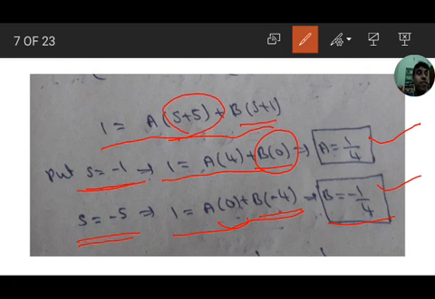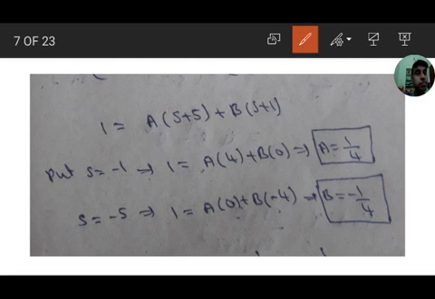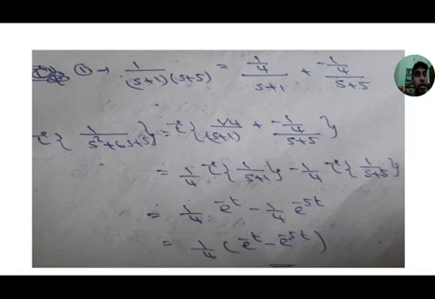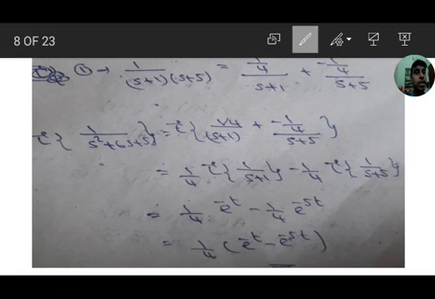Substitute this a value and b value in equation 1. We get 1 by (s plus 1)(s plus 5) equals a by (s plus 1) plus b by (s plus 5), that is 1 by 4 by (s plus 1) plus minus 1 by 4 by (s plus 5).